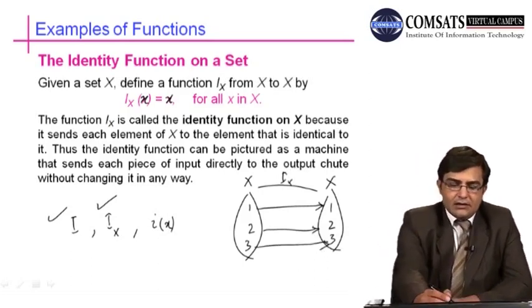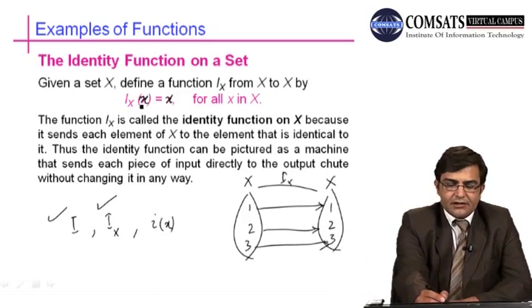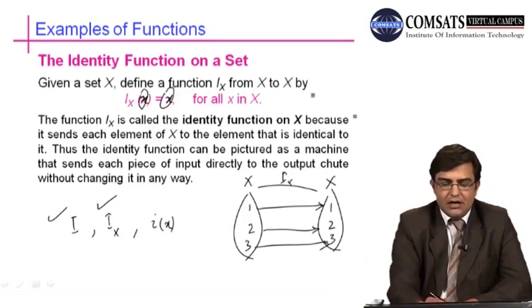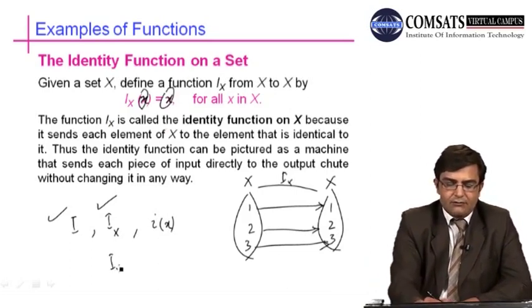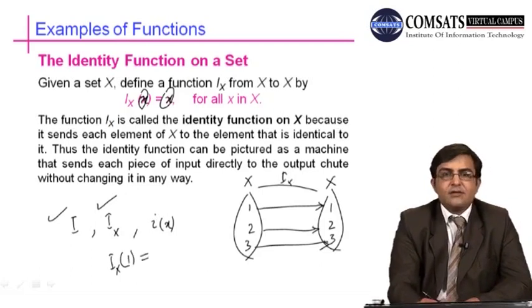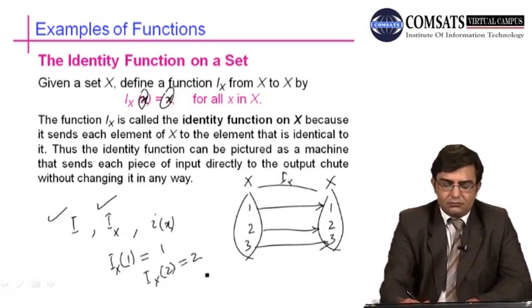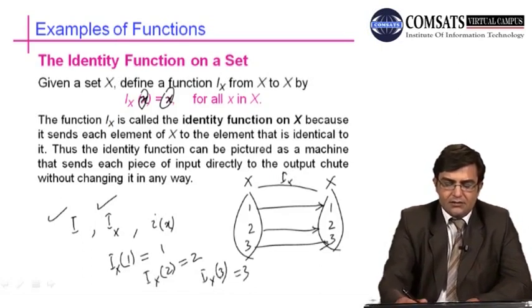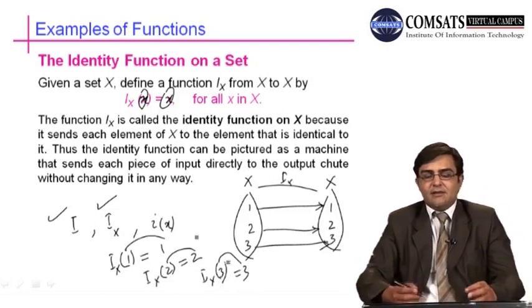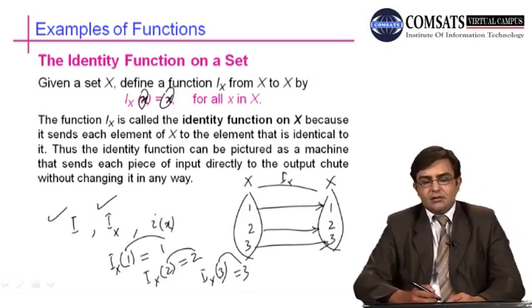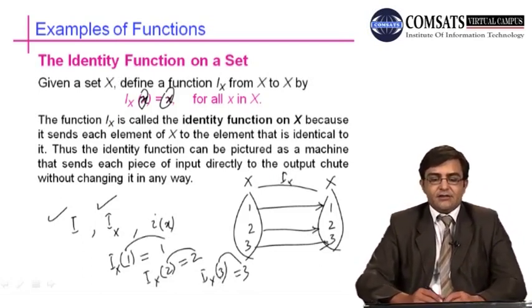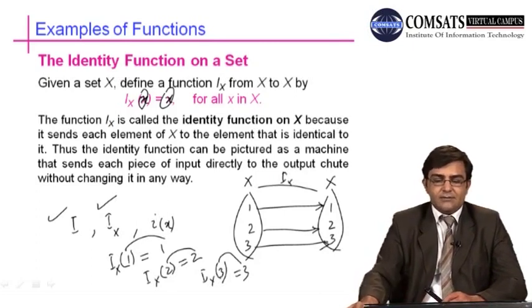So the elements in the identity function don't change. I_X of 1 is 1, I_X of 2 is 2, and I_X of 3 is 3. This function doesn't change the element; it remains the same. So this is the identity function on a set.